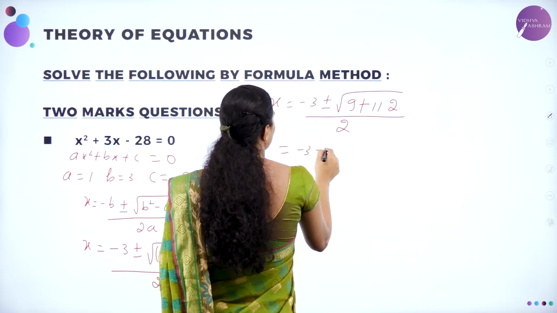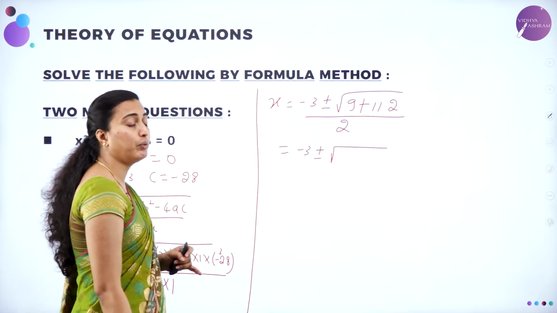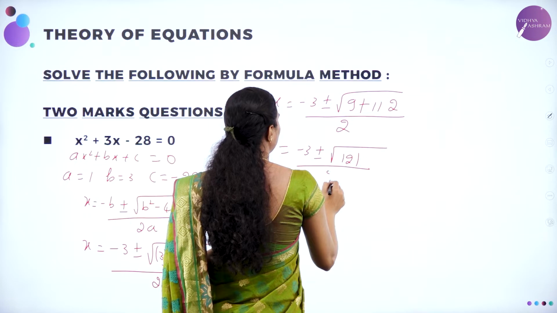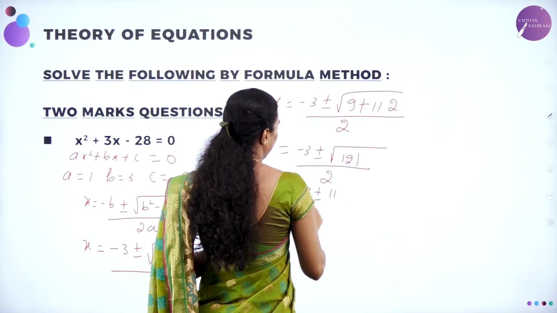So minus 3 plus or minus square root of 112 plus 9 is nothing but 121, divided by 2, which is minus 3 plus or minus root 121 is 11, divided by 2.